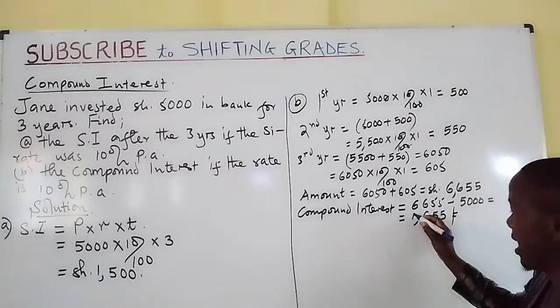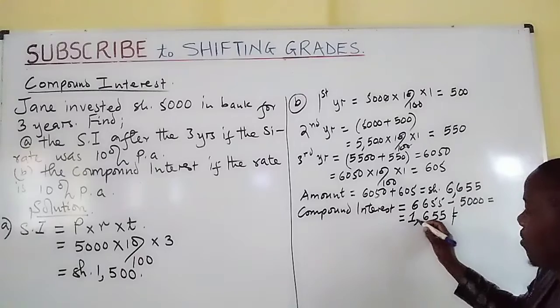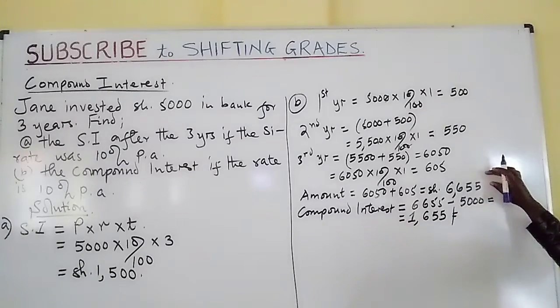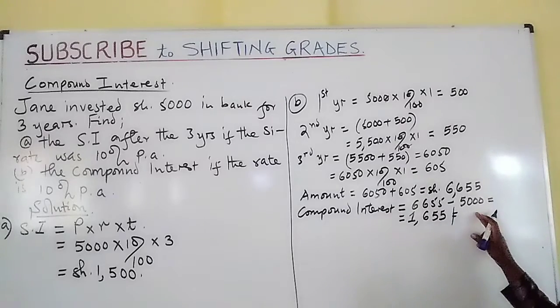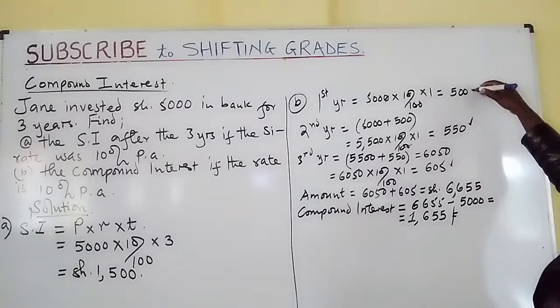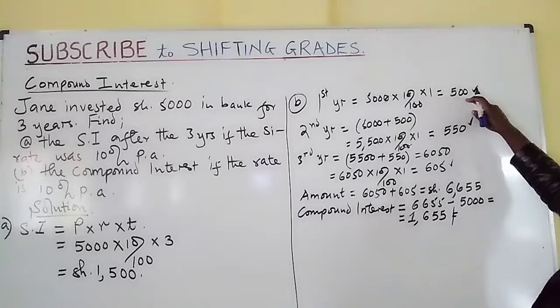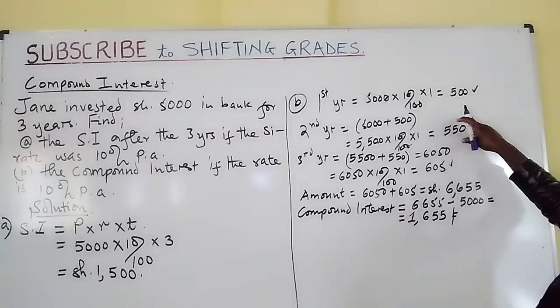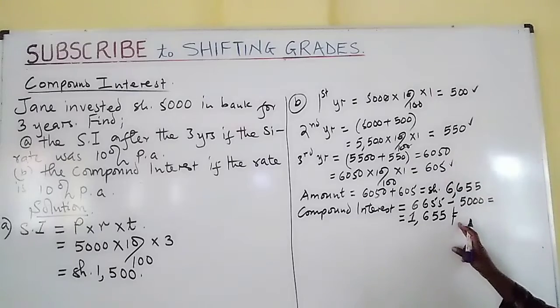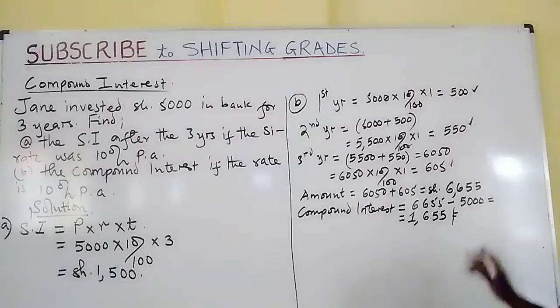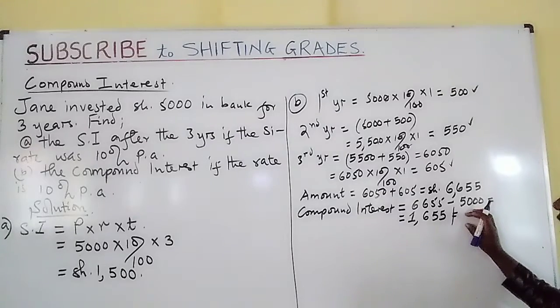The interest earned. So, you realize that now, instead of getting it by taking amount minus the principal, we can just add the interests gained in each year separately. 500 plus 550 plus 605, you get automatically the same amount. So you can just simply add the interests. So this is the amount gained under compound interest.